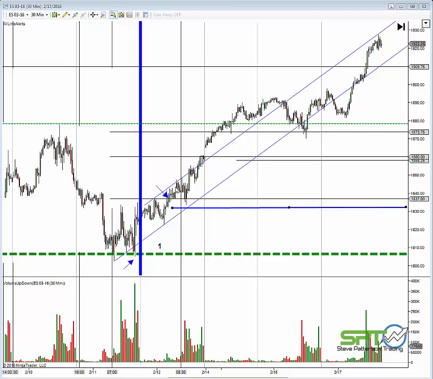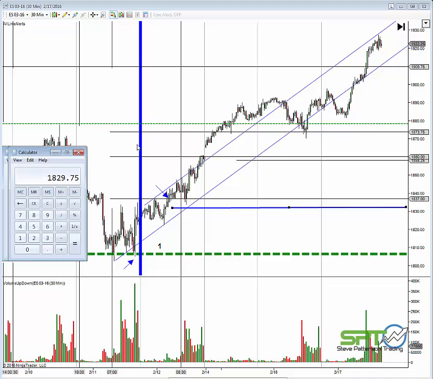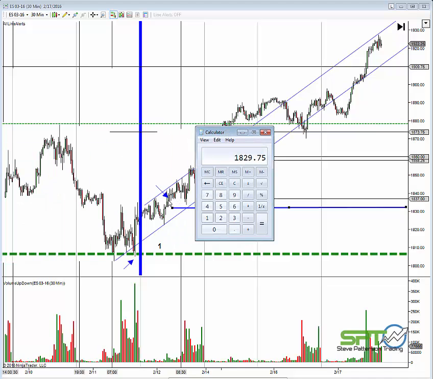If I wait for a pullback, okay, I can adjust my average cost, and I can even take more than a 5 lot here. I can maybe take a 4 lot there, because the math would have worked out where I could have trailed my stop properly for break even on the trade.